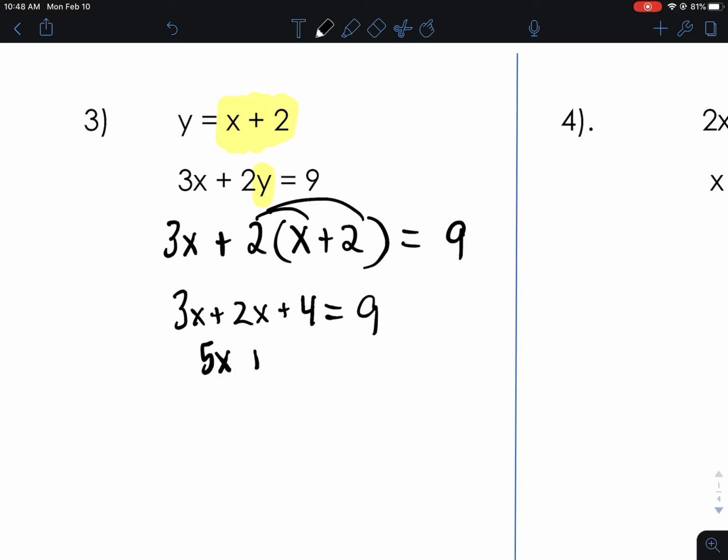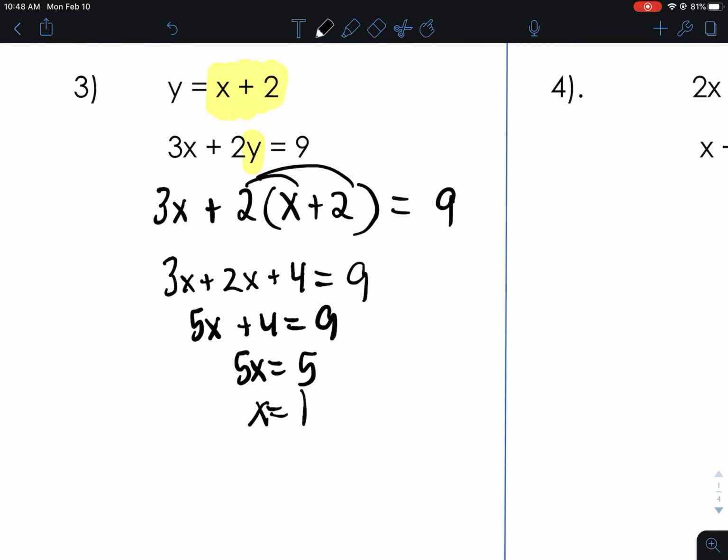It'll be 5x plus 4 equals 9, and then minus 4 on both sides, so that'd be 5x equals 5, so x is equal to 1. And then we can plug the 1 back into y equals x plus 2, so y equals 1 plus 2, which is 3. So there would be the ordered pair for that.